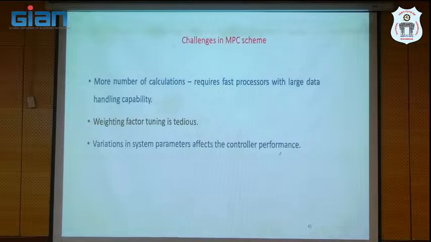Next, tuning of the weighting factor is also very important. That's why they convert torque and flux in terms of current. Once the torque and flux profiles are in terms of amps, you don't need a weighting factor. You got my point? If you take torque and flux directly and independently, the units are different.